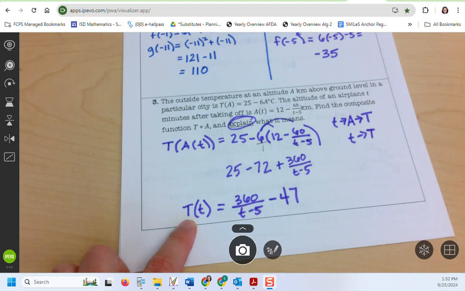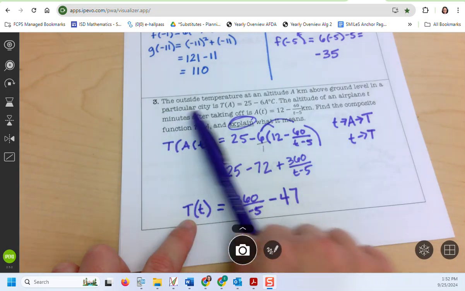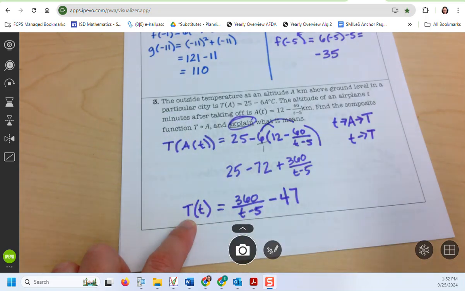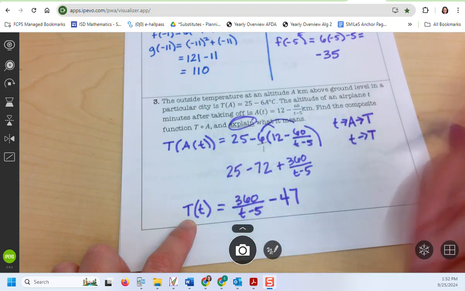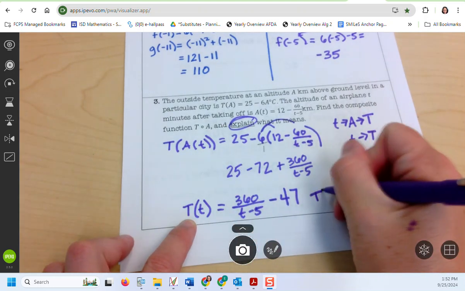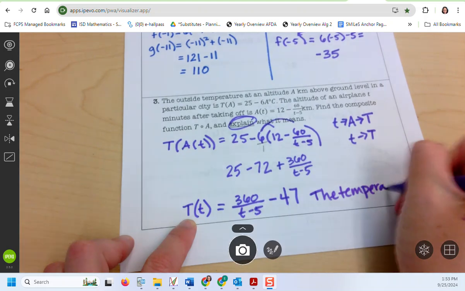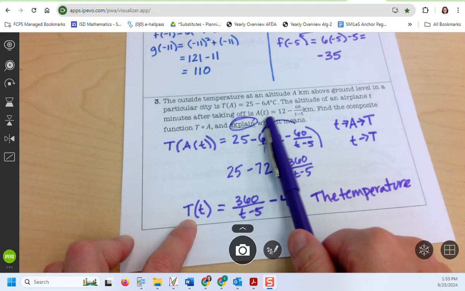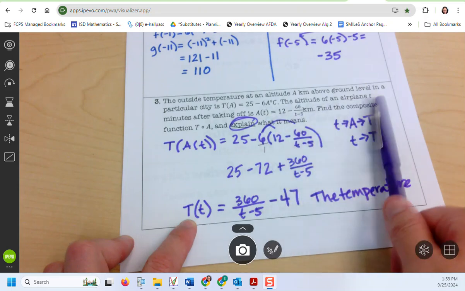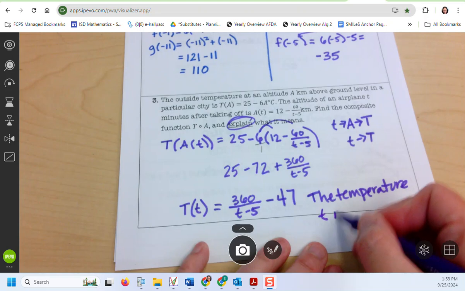What is big T in this problem? Does it say? The outside temperature. The outside temperature is your big T. So it is the temperature, and then their input is little t. What is little t? Minutes. So t minutes after takeoff.